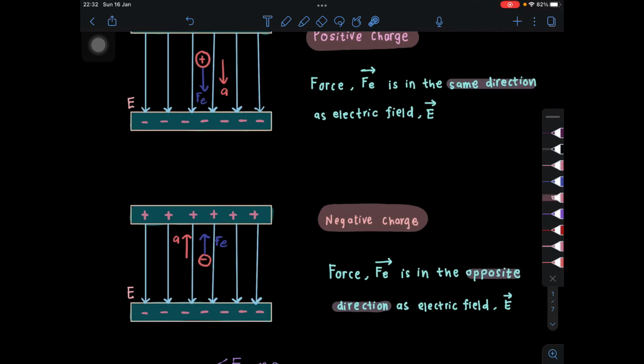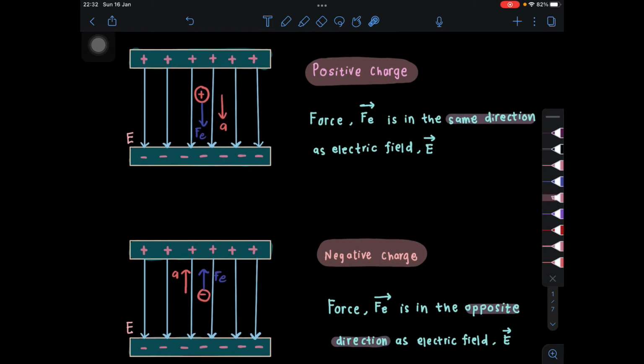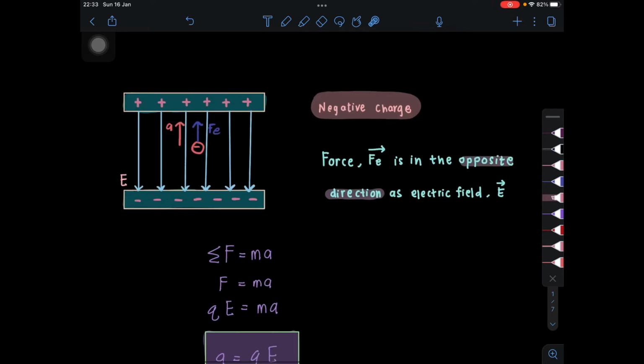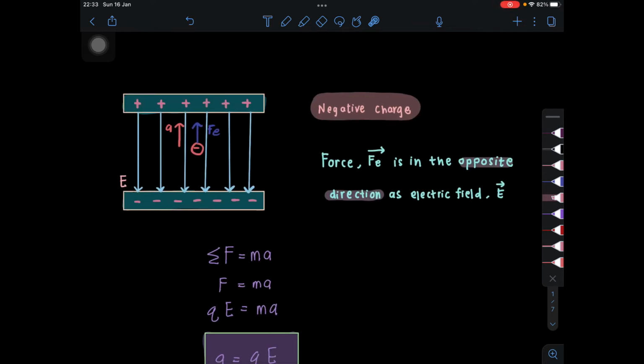As you can see here, the force is actually in the opposite direction to the electric field. This is easy to understand. You know that when we place a positive charge, it will be attracted towards the negative plate. When we place a negative charge, it will be attracted towards the positive plate. You do not need to memorize it. Just draw, and then you can see the direction here is opposite to the electric field.